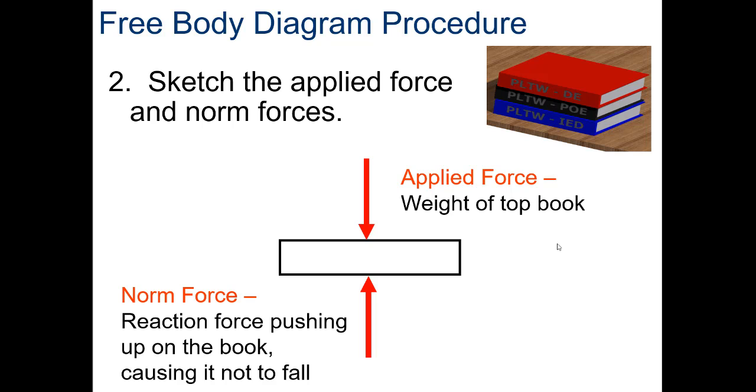The force of gravity is literally a force that pulls things down. So there's a force being applied to the top book, which is gravity. The force of gravity is pulling down. It's fine if you label it here as applied force.